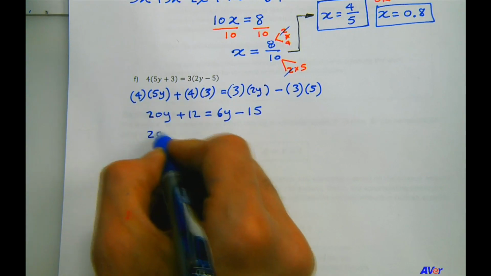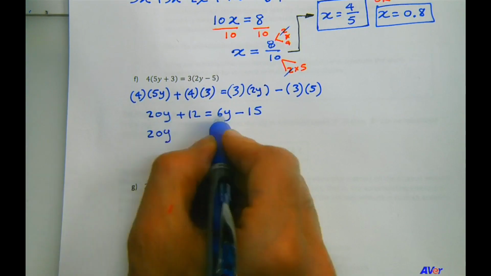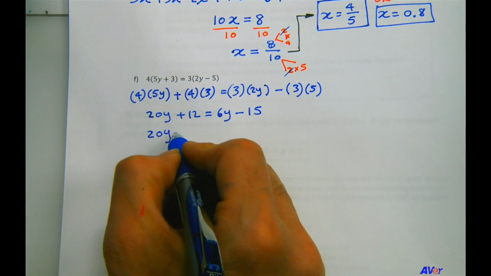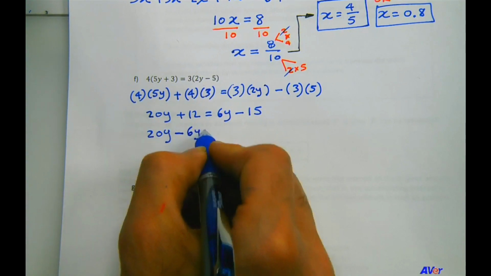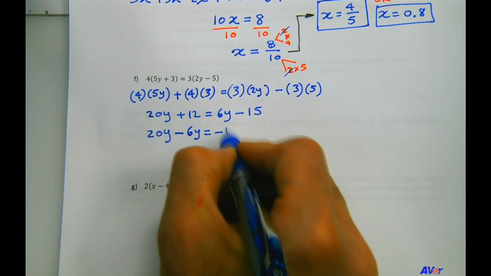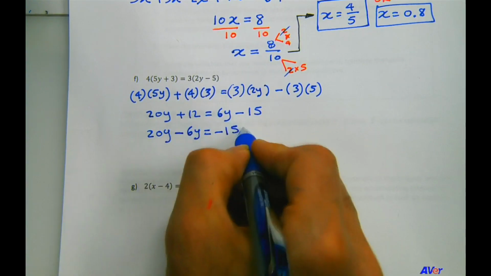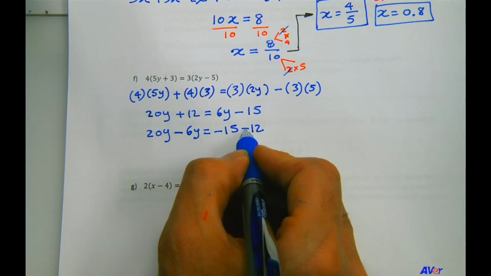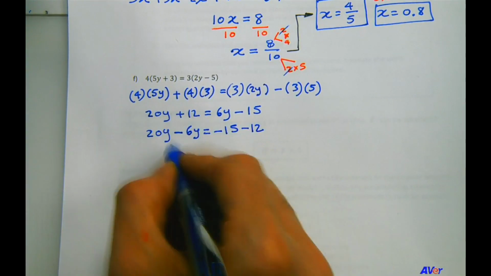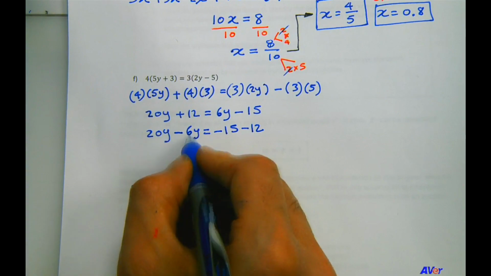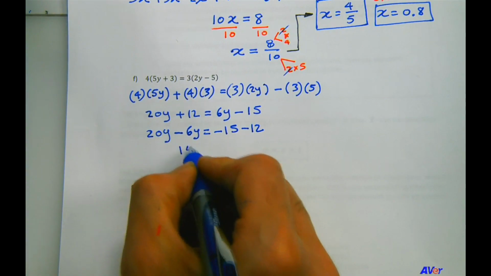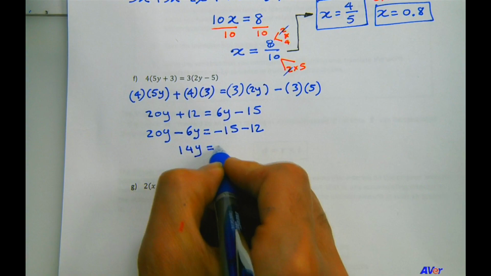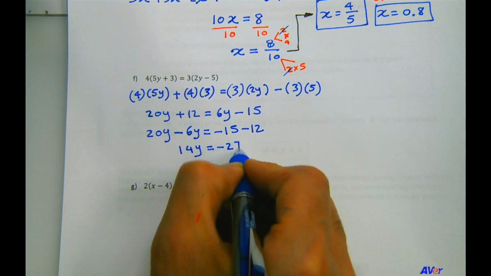So we have 20y. Bring this positive 6y to the left. It becomes minus 6y, equals minus 15 on the right, minus 12. As we move positive 12 to the right, it becomes negative, right? Because it was positive. So 20y minus 6y, that's 14y, equals minus 27.